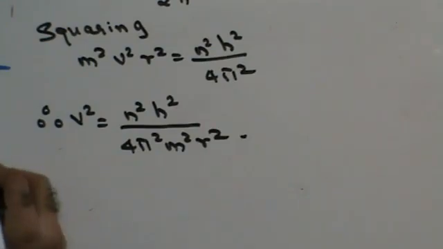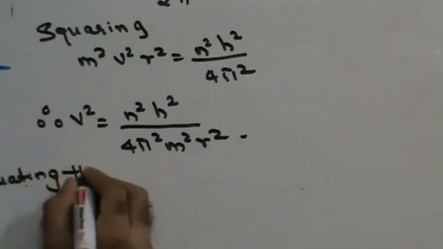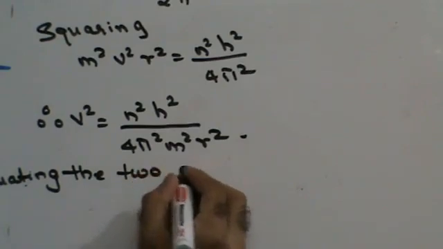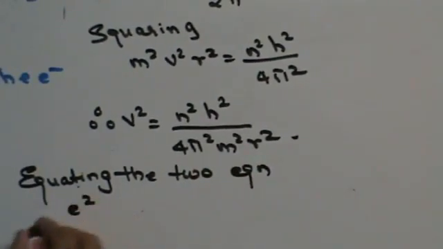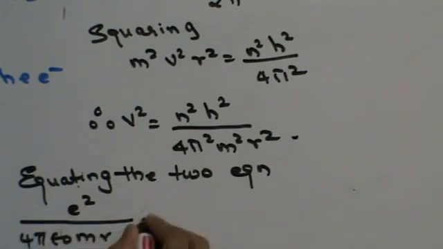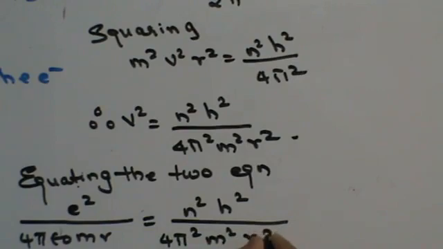Therefore I can say, equating the two equations, I'll get e square upon 4 pi epsilon 0 mr is n square h square upon 4 pi square m square r square.